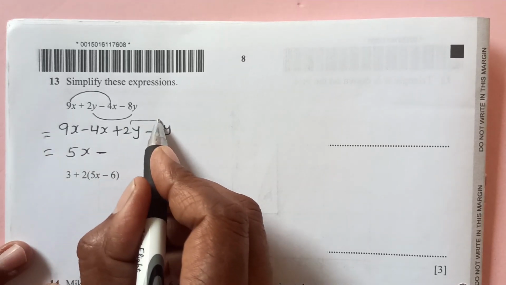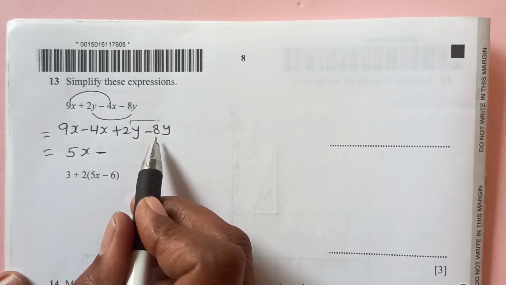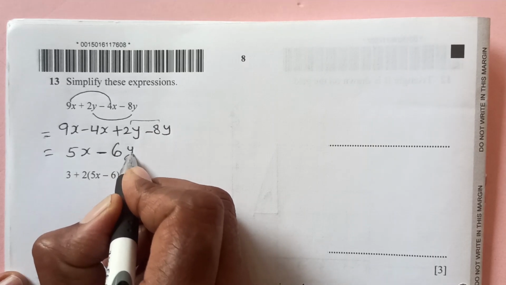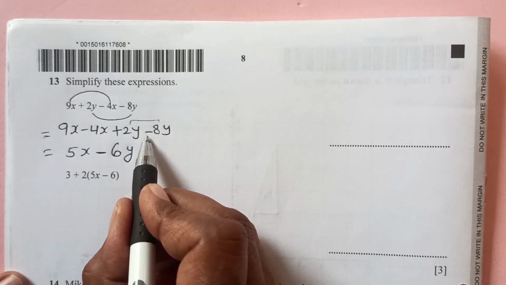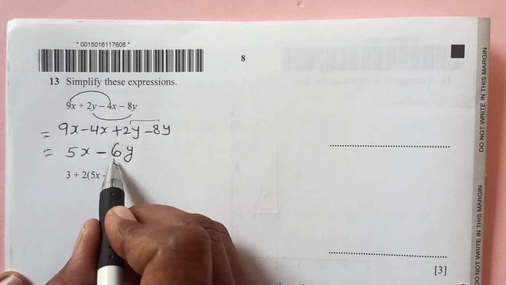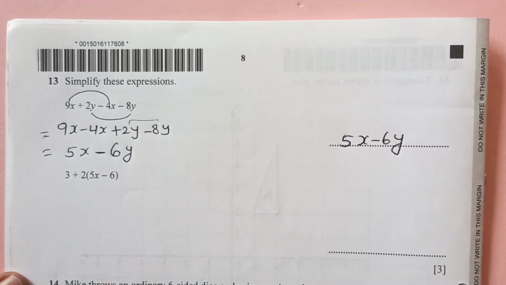Again here we have two numbers with different signs, so we subtract: 8 minus 2 is 6y, and the sign of 8 is negative and 8 is greater than 2, so the sign of the answer is negative. So it is 5x minus 6y.